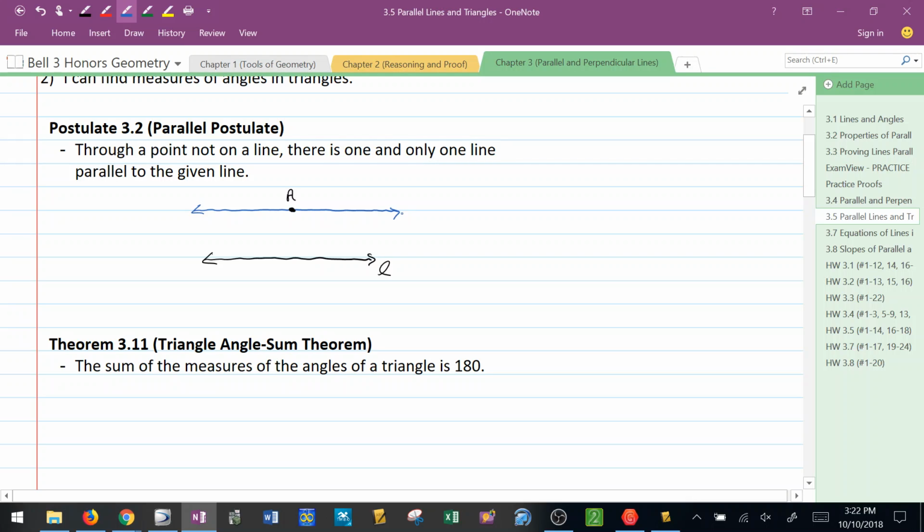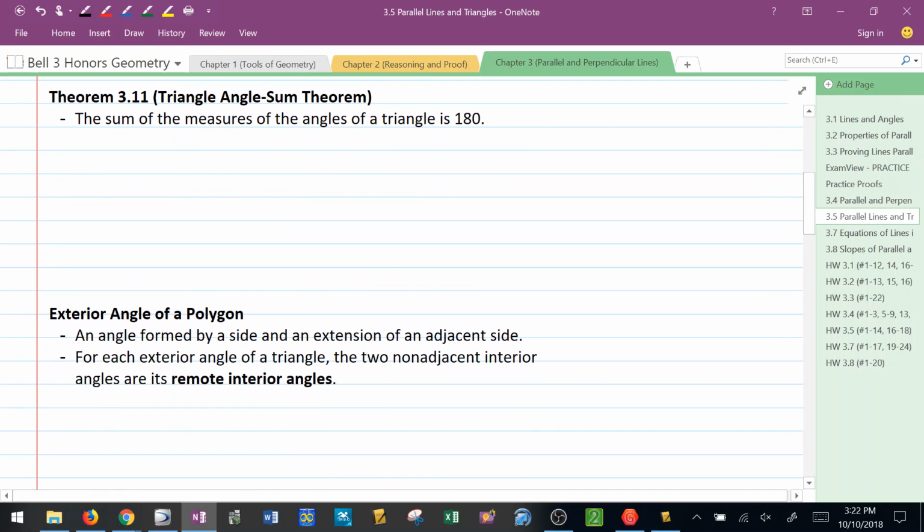So in other words, there's only one line M such that L is parallel to M. This is known as the parallel postulate. Through any point not on the line, there is one and only one line that is parallel to the given line.